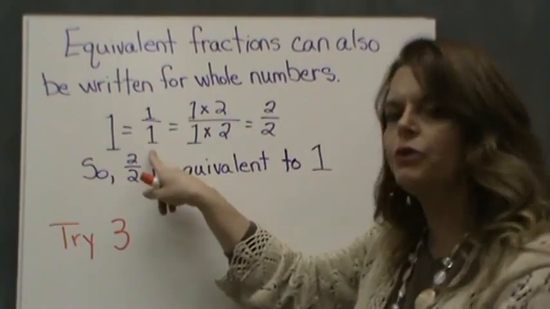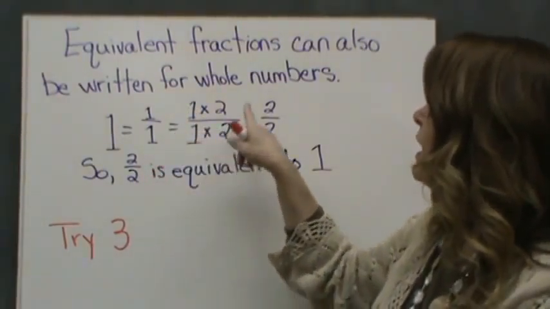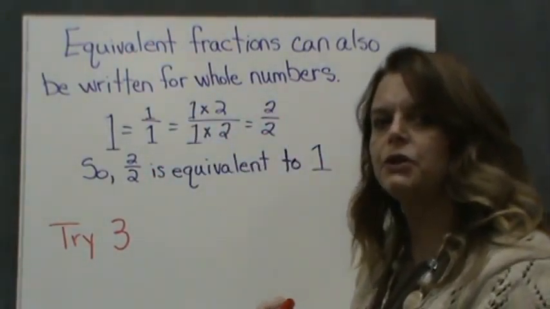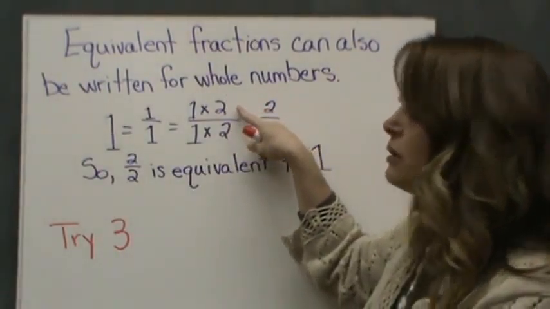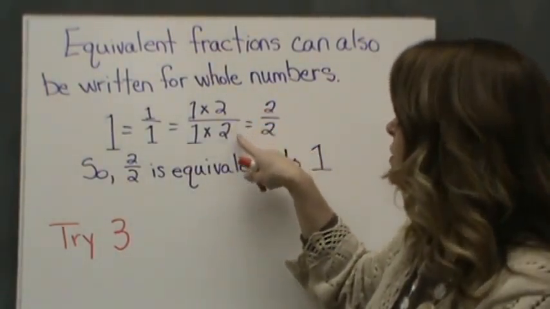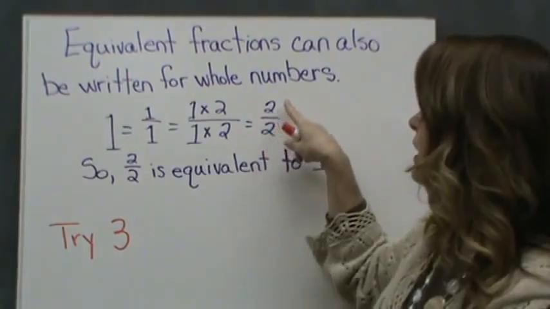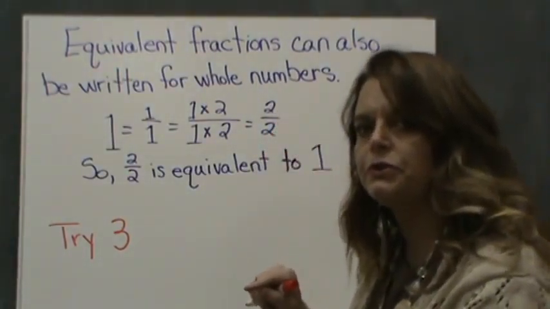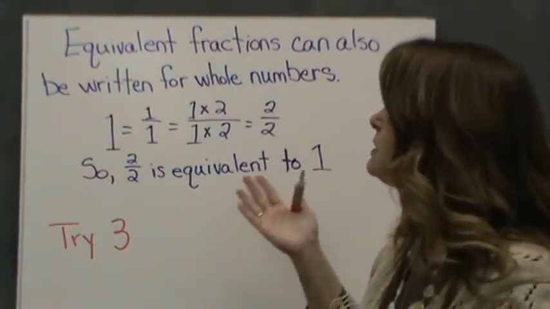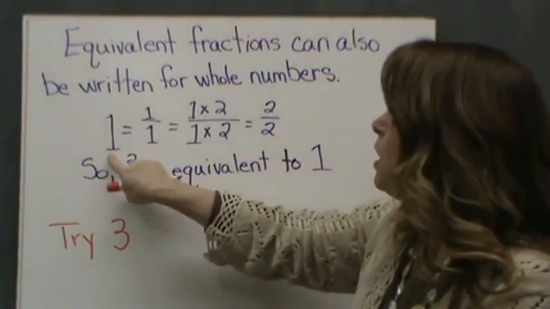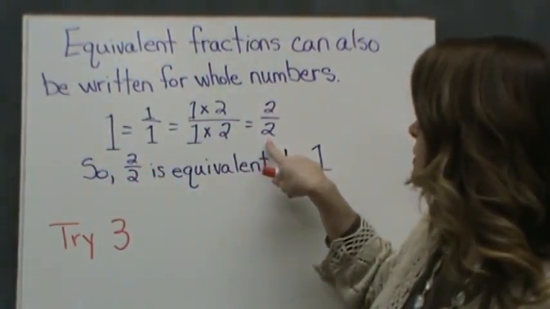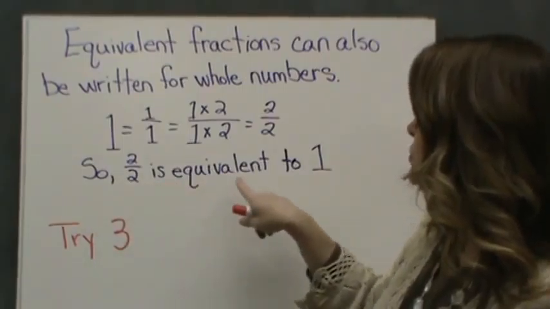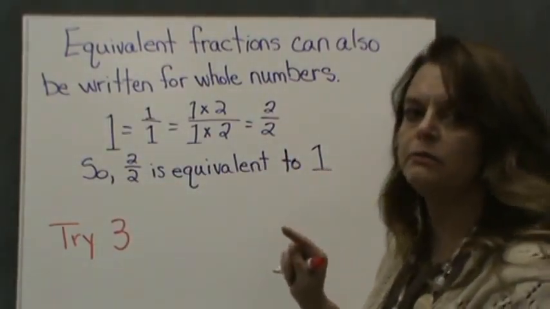If I'm looking for an equivalent fraction, let's say I decide to multiply by 2. I multiply my numerator and my denominator by 2, and I get 2/2, and we know that 2/2 is 1. So 1 is equivalent to 2/2.